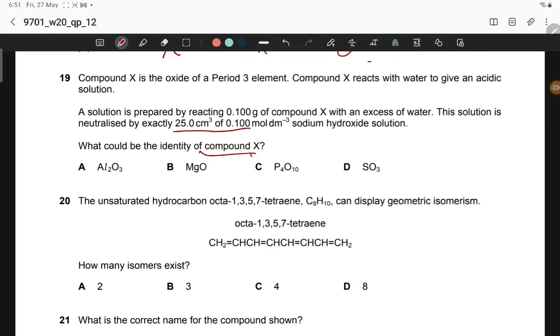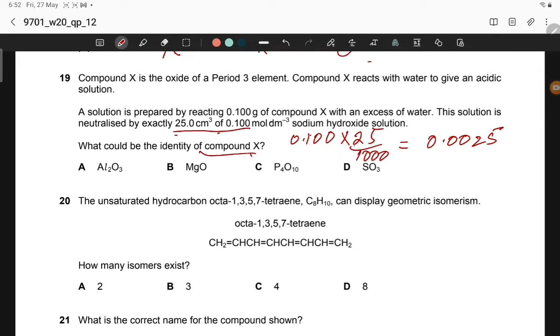The moles are 0.100 times 25 divided by 1000, so 0.0025. Sodium hydroxide is neutralized by acidic oxide. So what could be the identity of X?